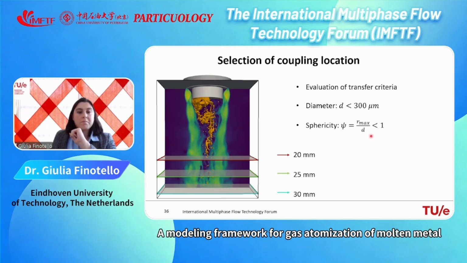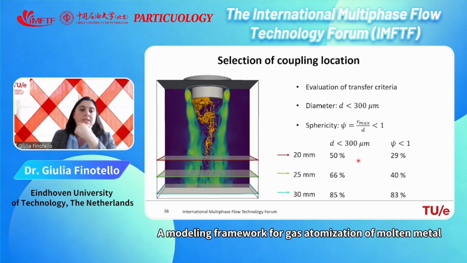So for the different planes, we have seen that the droplet size and sphericity are meeting, of course, these thresholds differently.